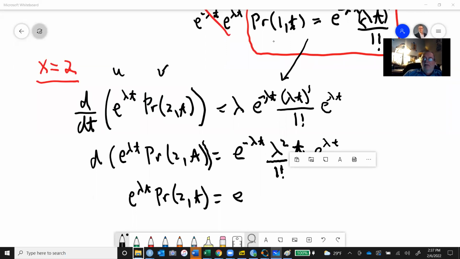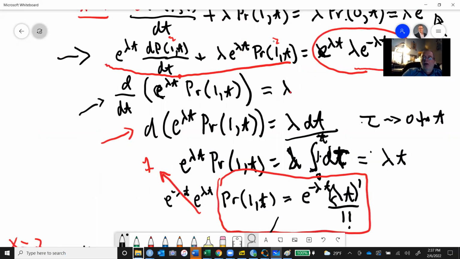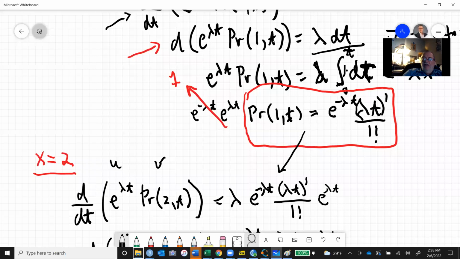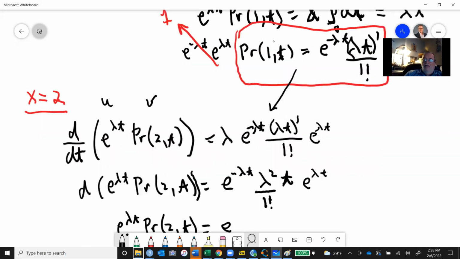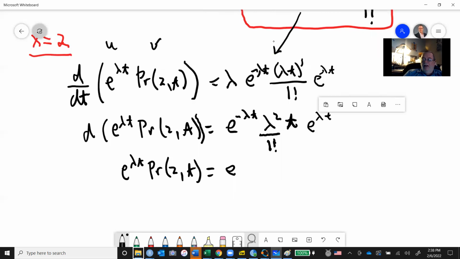Yeah, that was right. Why was that right? I did it up here. I multiplied through the equation by e to the lambda t. The two offset one another, and I'm left with lambda, and then it's lambda dt. So by extension, the same thing happens here, so I'm left with lambda squared t. These e to the minus lambda t and e to the lambda t go out. They offset. One divided by the other is equal to 1.